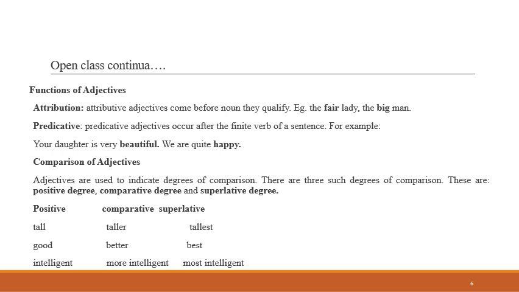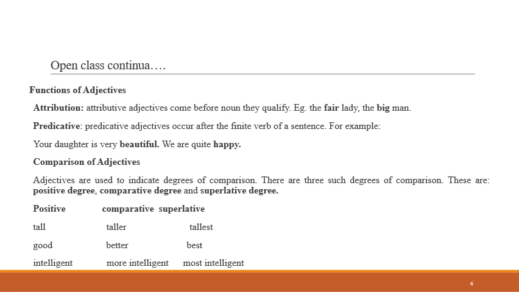It's not always that adjectives must come before the nouns they modify. Certain adjectives come after a verb in a particular sentence. That is where they perform a predicative function. They come after the finite verb of a sentence. For instance, take a look at the sentences on the screen.